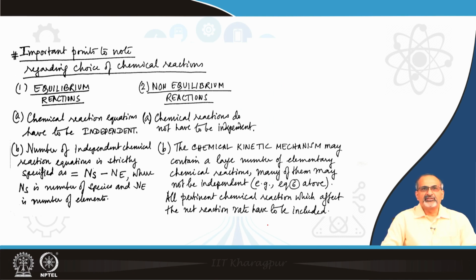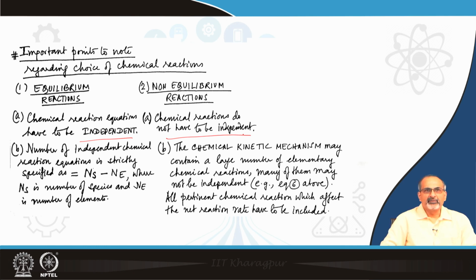This is an important juncture where it is important to recall how the calculations for equilibrium reactions and non-equilibrium reactions compare. For equilibrium reactions, the chemical reaction equations have to be independent, while for non-equilibrium they do not need to be independent.